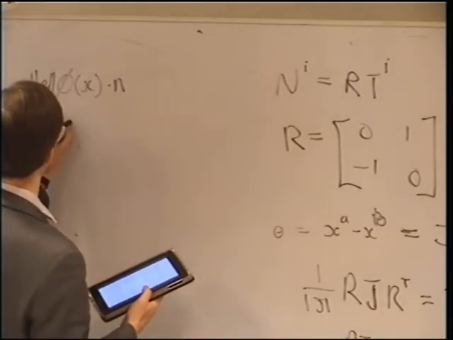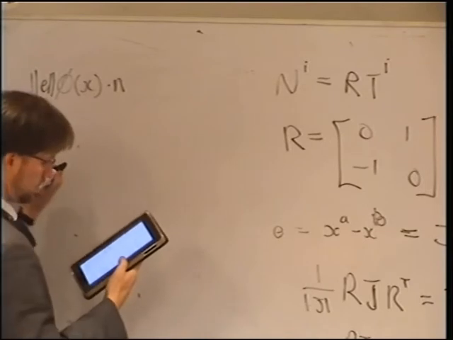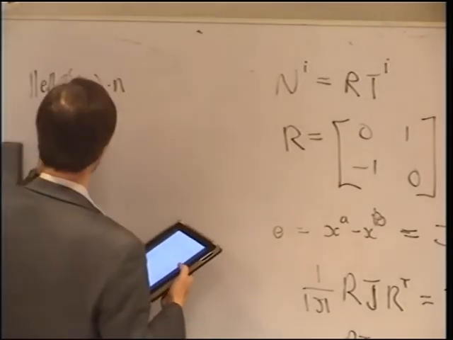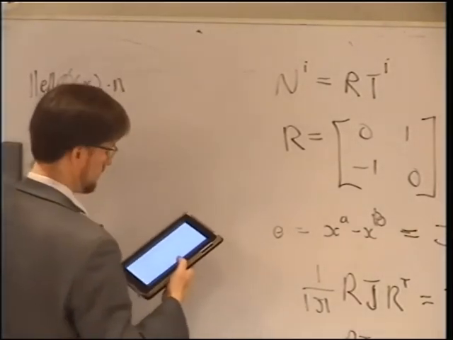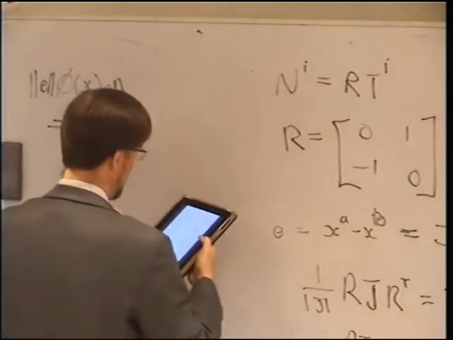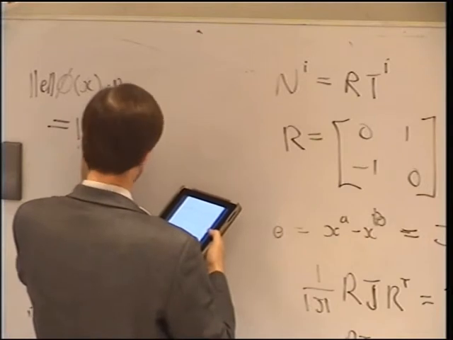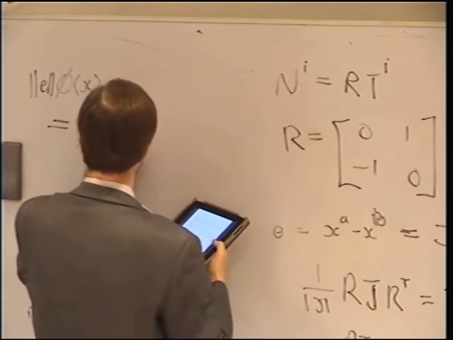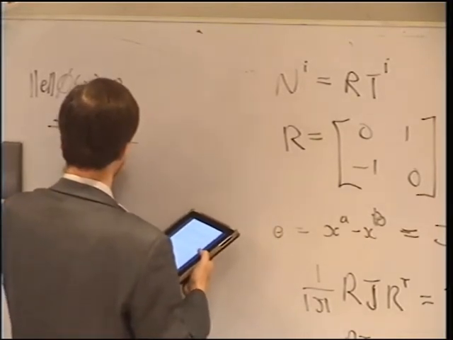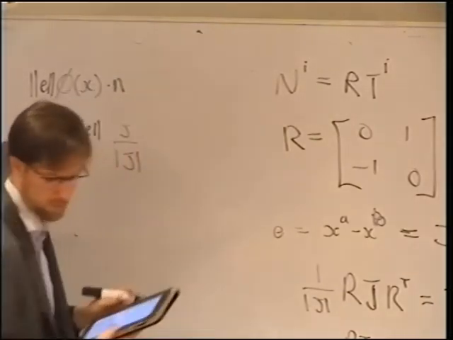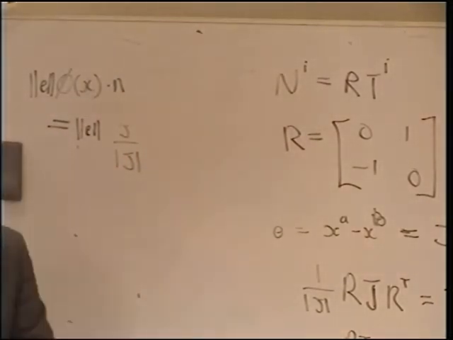So that's going to be equal to, this stays here, and that's going to be J over det J. I'm going to swap to the blue pen because this marker is on the way out and I'm concerned about how readable this is going to be.